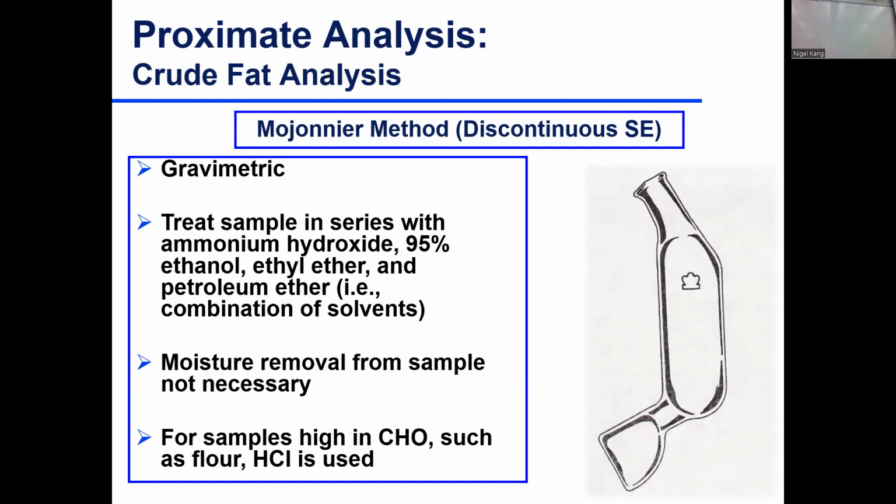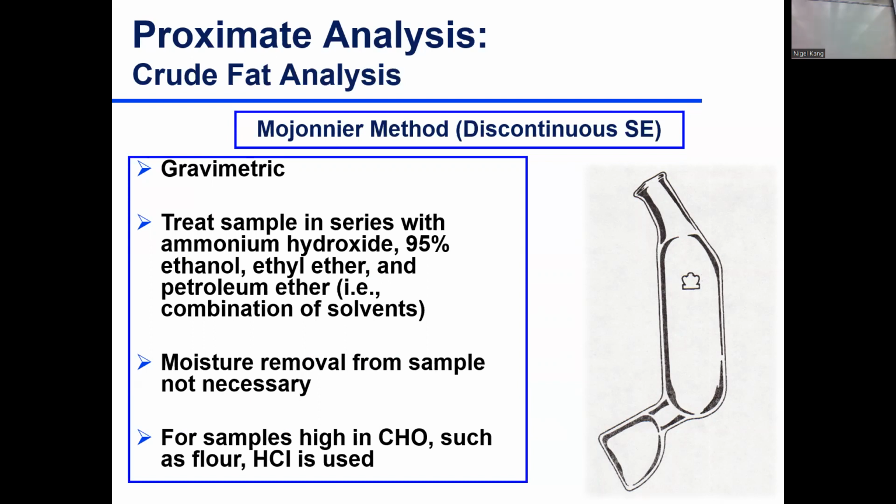Mojonnier. This is another method based on solvent extraction. It's an AOAC method, and it is a discontinuous method. And it's a gravimetric method. So Goldfish, Soxhlet, Mojonnier are gravimetric.